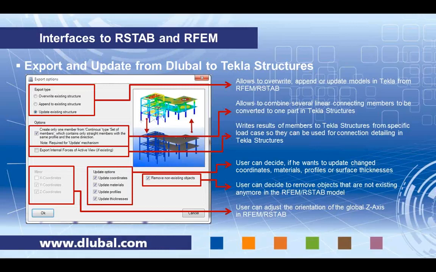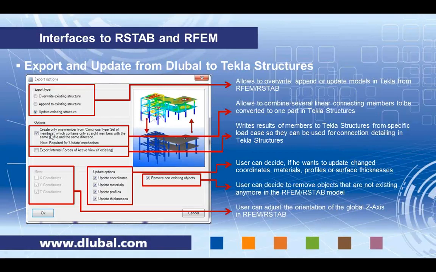You do your structural design inside Dlubal, RFEM for example, and then you export the changes and you update the existing Tekla structure model. When we do this, we have different update options that I will also explain in another slide.